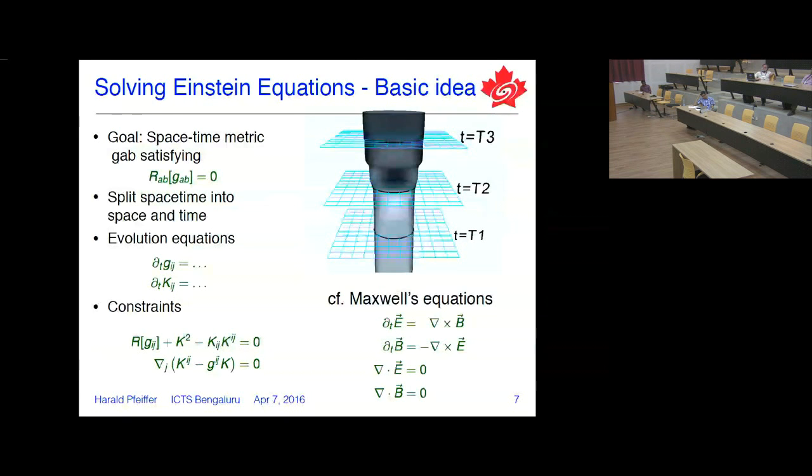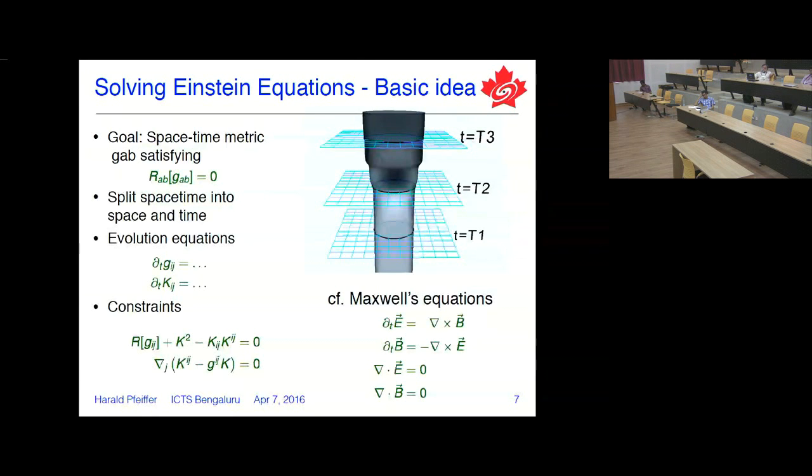The first step towards doing that is to split space-time back into space and time by introducing an explicit time coordinate t and considering hypersurfaces labeled by different values of time. Doing so, Einstein's equations split into evolution equations that give the time derivatives of certain quantities, and into constraints that restrict those quantities, labeled g and K on my slides, within each hypersurface.